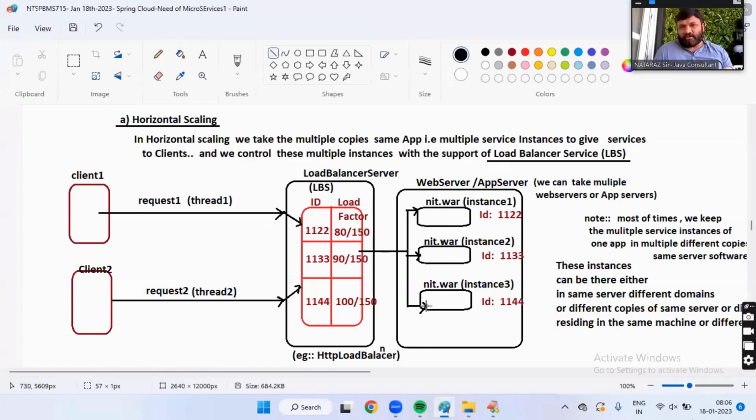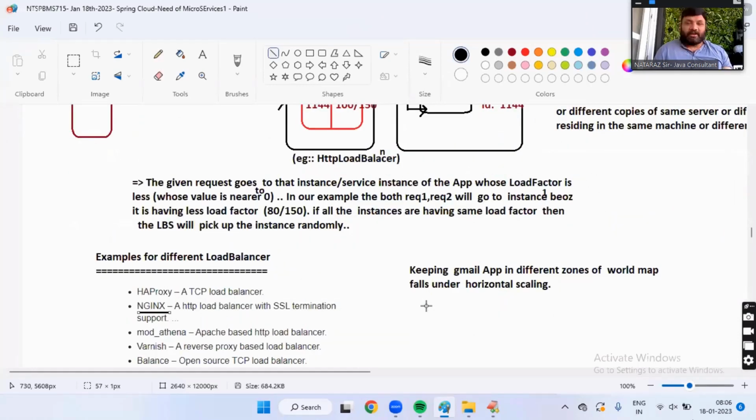Listen. Load balancer depends upon its domain. For a Java application, a Java related load balancer will be there. For a Linux server environment, Linux based load balancers will be there. In a microservice environment, we use a Java based load balancer. Some of the load balancers are commercial, some are free.